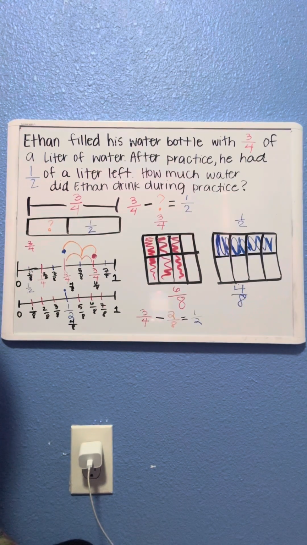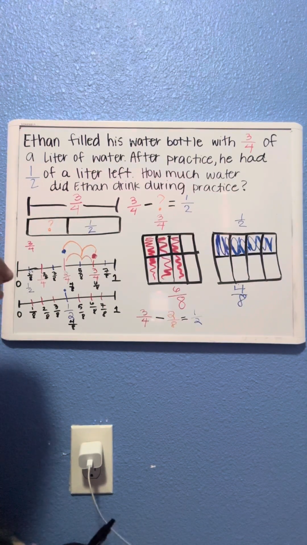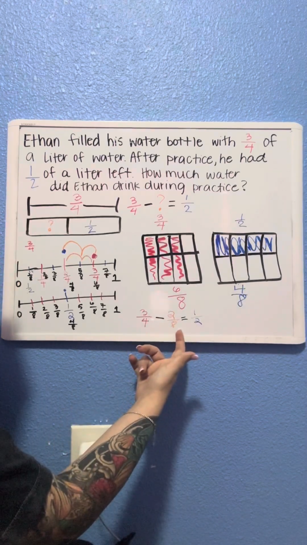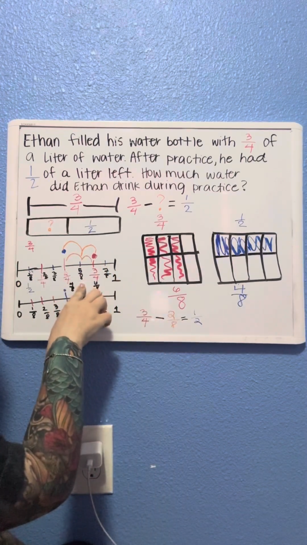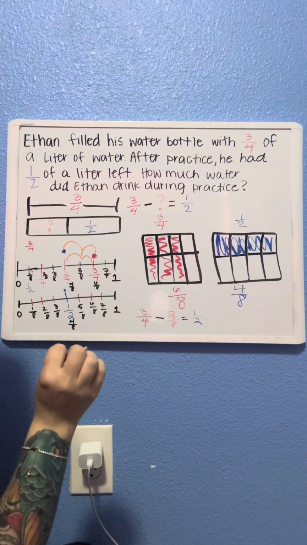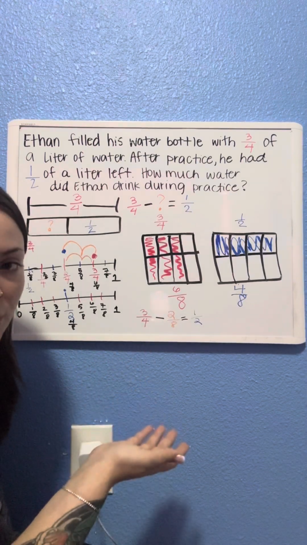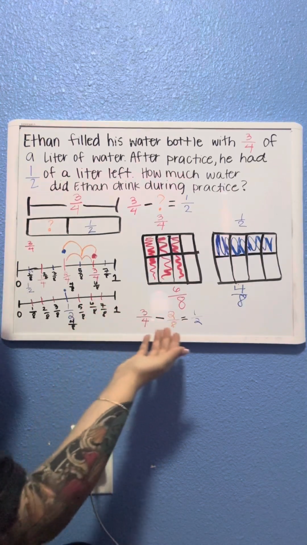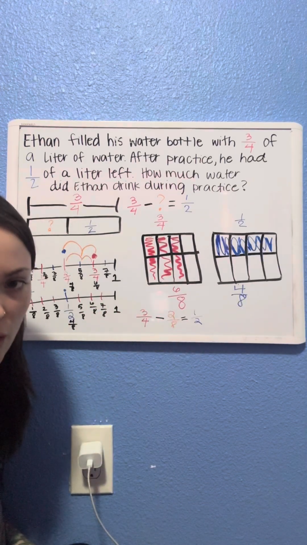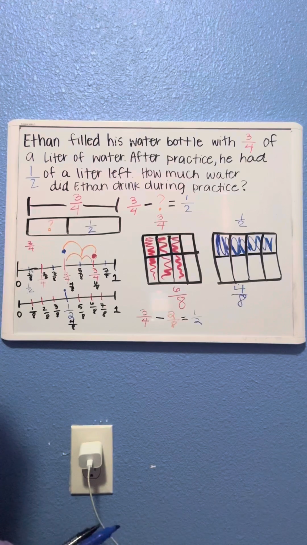Now, we also could call 2/8 as 1/4, but since we found the common denominator as 8ths, I chose to leave it as 2/8. Okay?